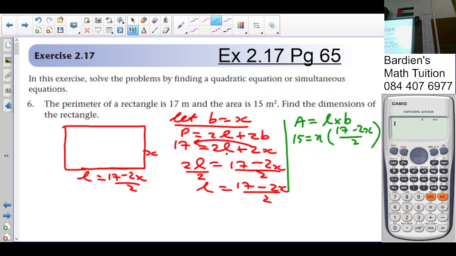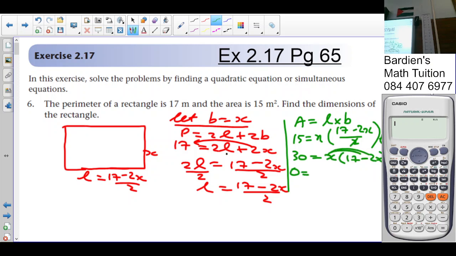Okay, you guys understand? So then we can multiply throughout by 2 to get rid of the denominator of 2. So that's going to be 30 equals x into 17 minus 2x. In that case, I'm just getting rid of this here. Not so? We multiply that in.